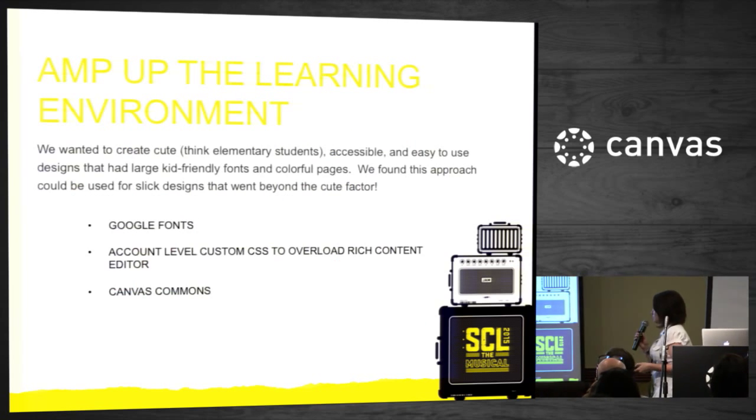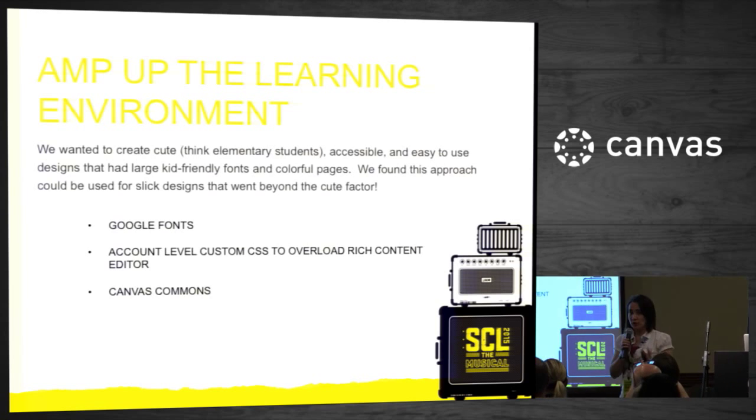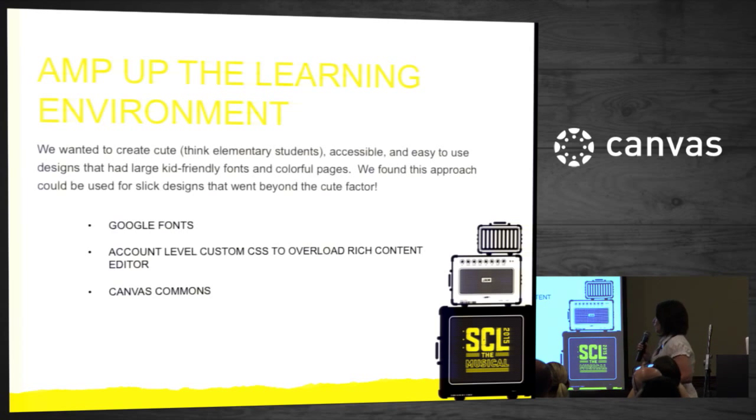So what did we do to make this happen? We used three elements. We used Google Fonts, which is what I'm going to show you first, how we did that.